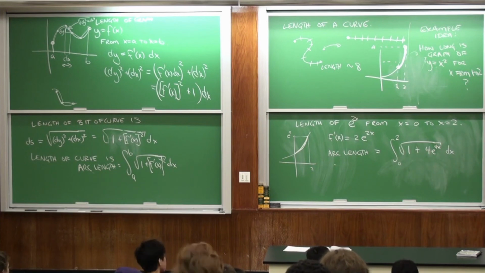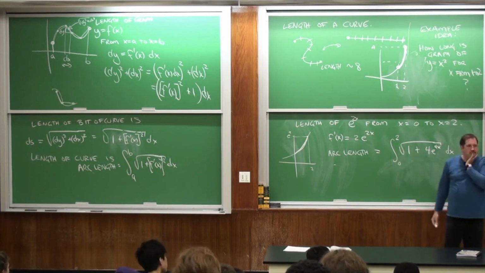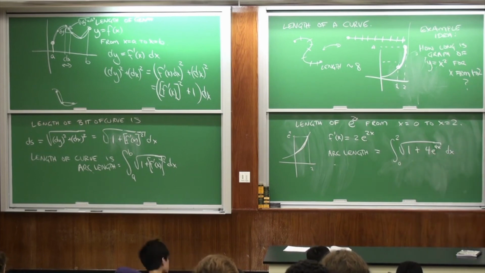Some curve, and it has the nice property, let's call it f of x, that f prime of x is 1 over the secant times the derivative of the secant, which is just the tangent.